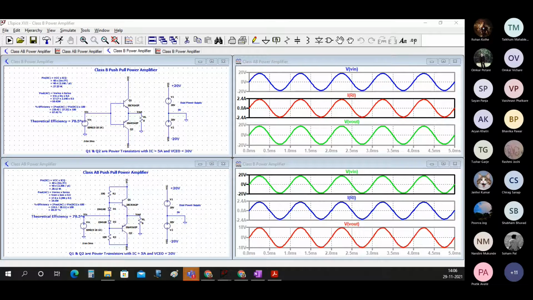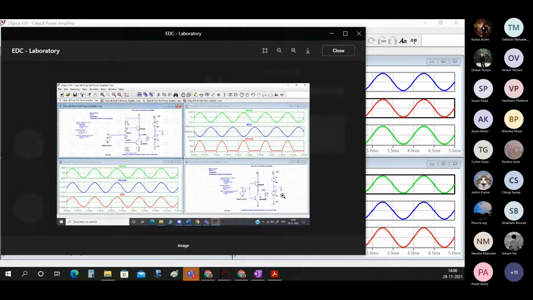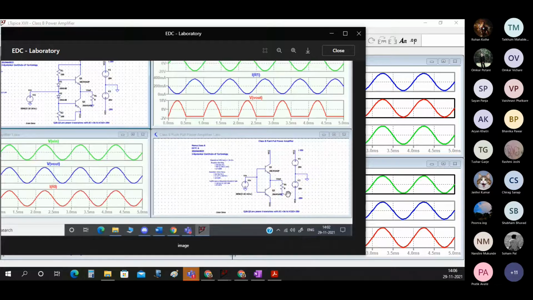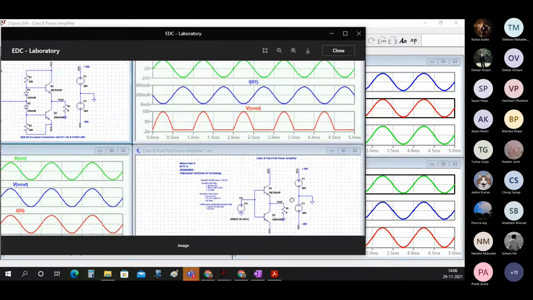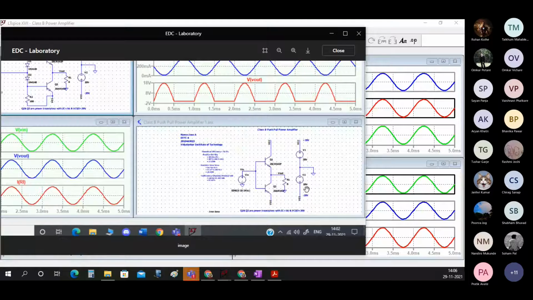What happened here is, okay, I'll tell you. This was your first one, right? Yes, sir. Now here I think you have written minus 20 volts. Correct?